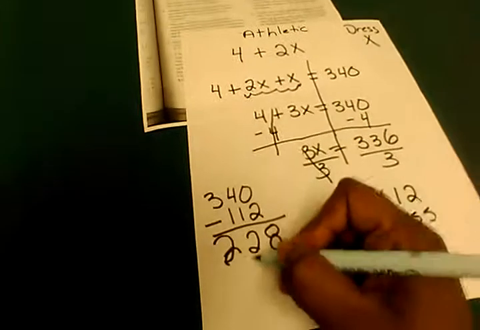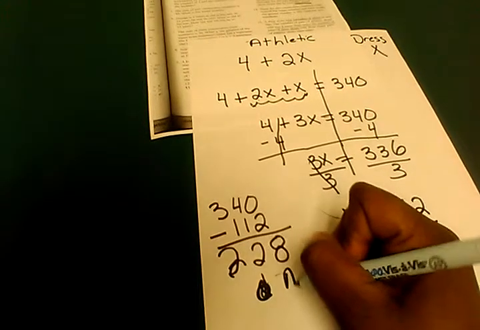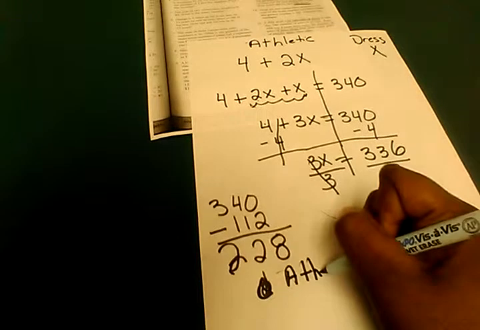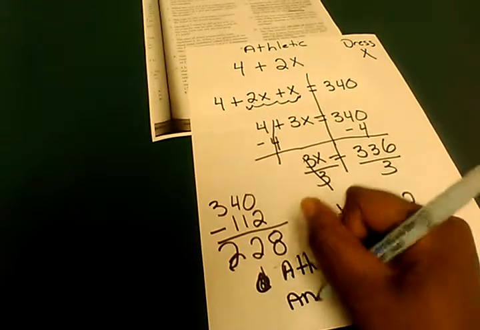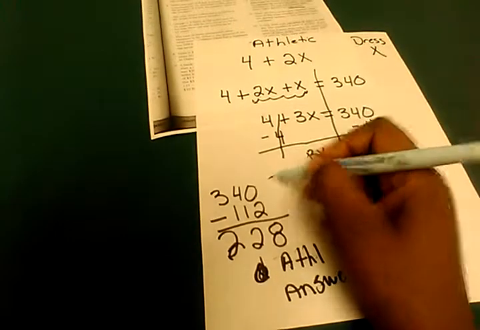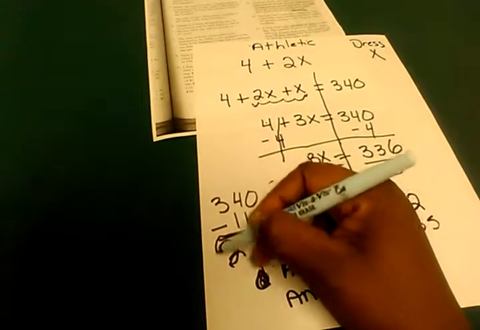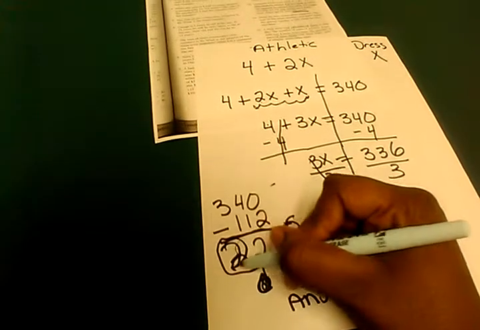I know you guys are cracking up because I paused so long. And that is going to represent my athletic shoes, which is what they wanted me to find out. So this would be the answer to my problem. And my answer again is 228. Sorry, that 2 looks so ugly.